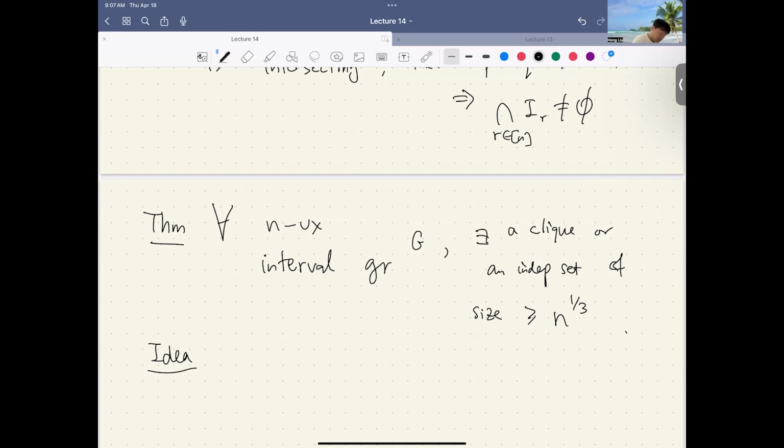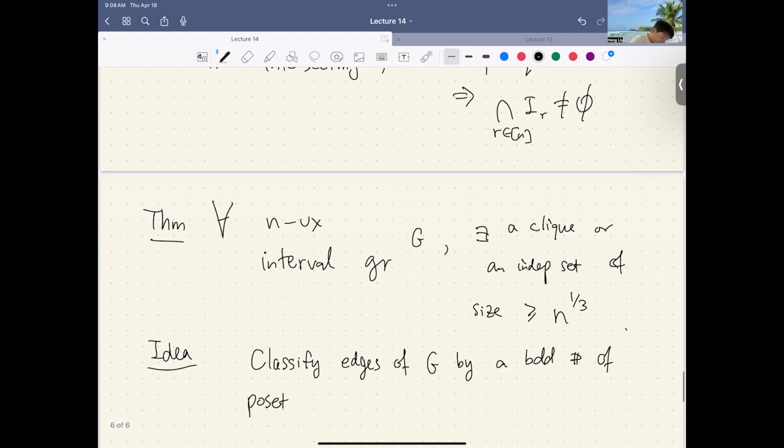Same idea here. The idea is to associate, or classify, maybe classify is a better word, edges of G by a bounded number of posets, partial order relations.